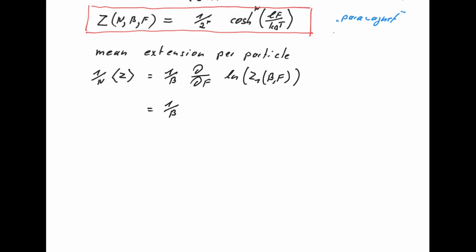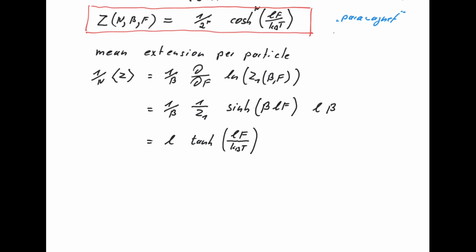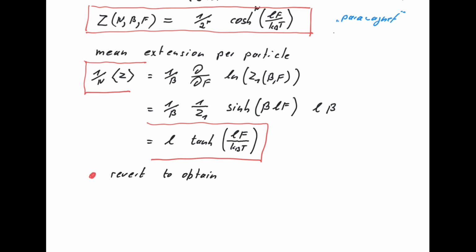Now, doing this derivative, we obtain the final result, which again looks like the result we obtained for the paramagnet: the mean extension per particle is given by L times the hyperbolic tangent of L times F divided by kBT.